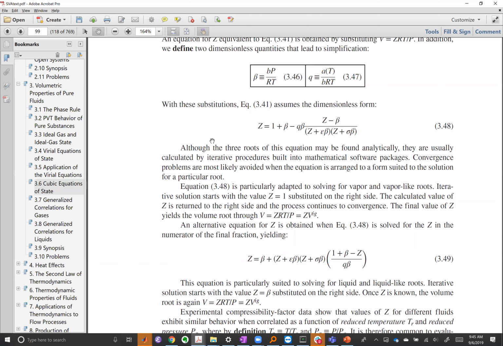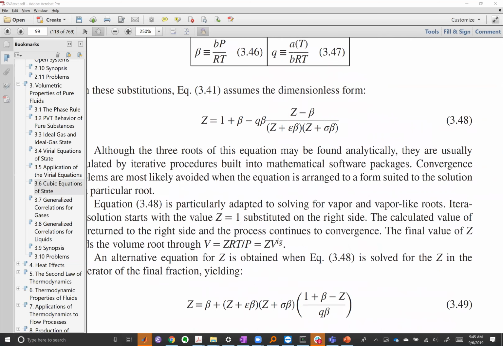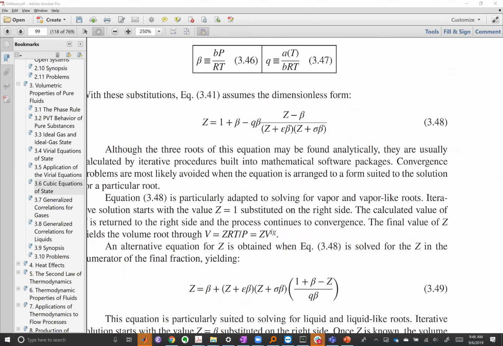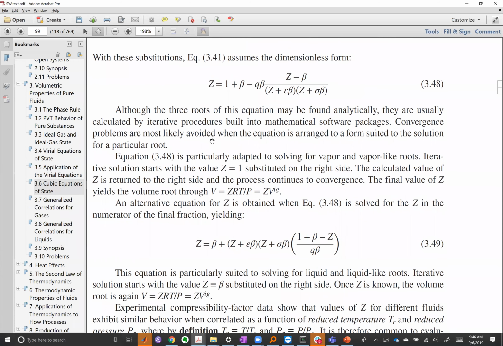So if you read the text up here, equation 348 says that if you start with the initial guess of z equals 1, so you've used z before, right? So that's a compressibility factor. So it's just the ratio of PV to RT. So it's 1 for an ideal gas.